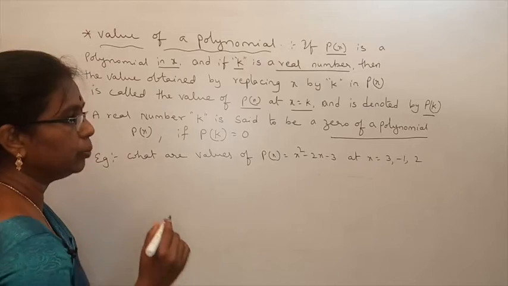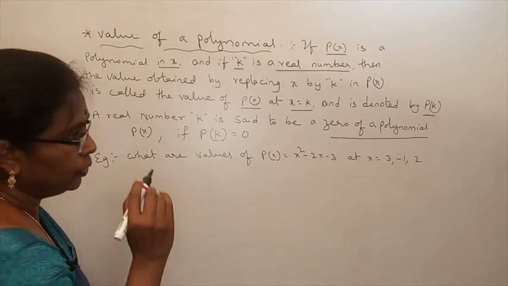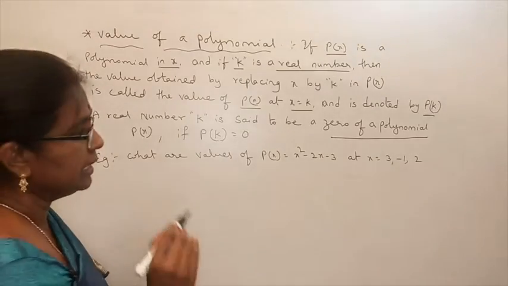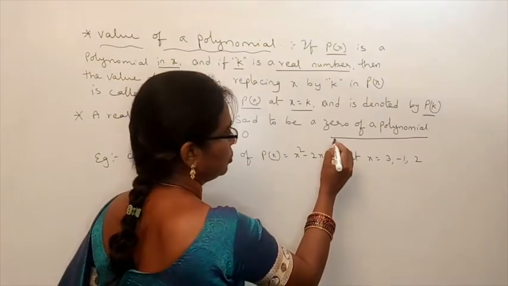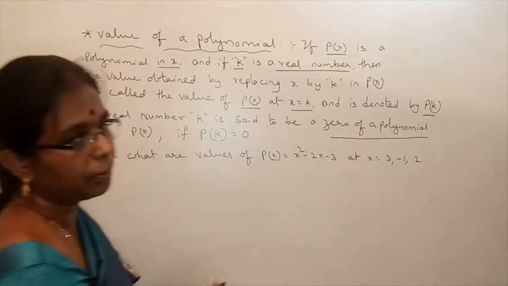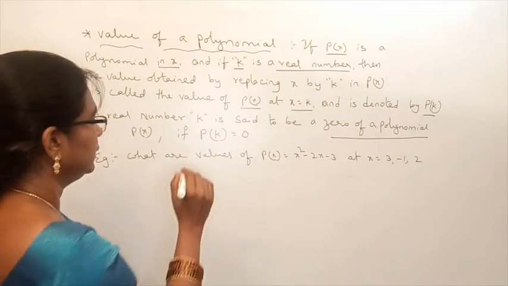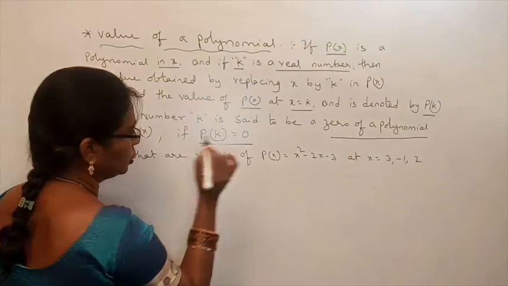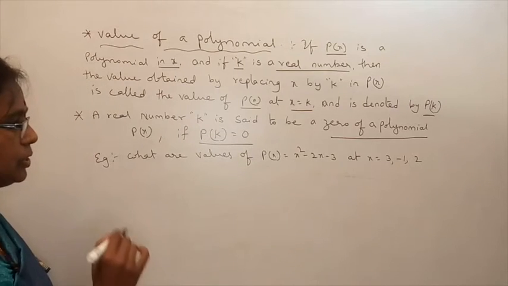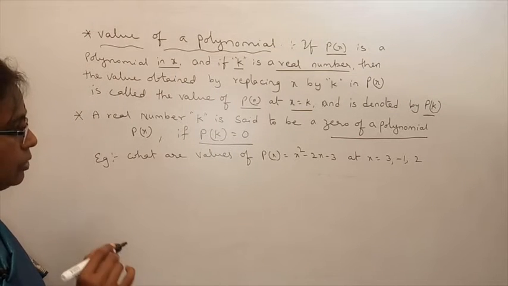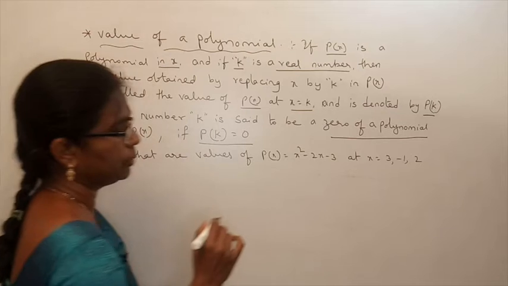When p of k is equal to 0, that k value we call a 0 of that polynomial.